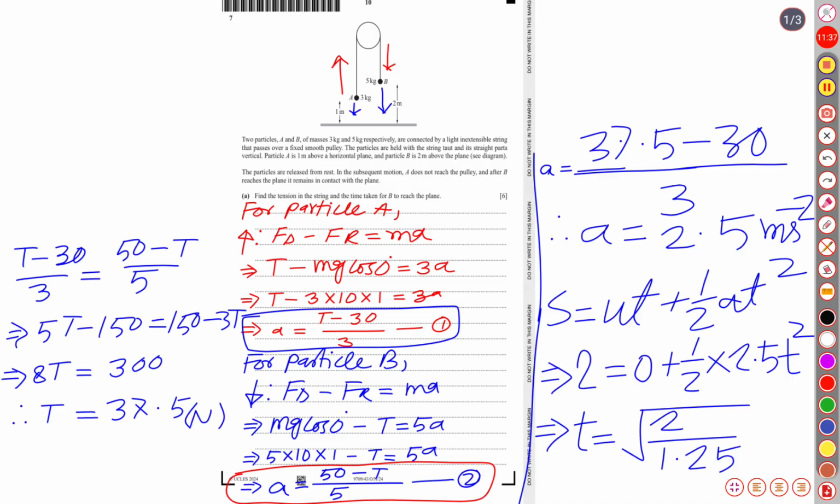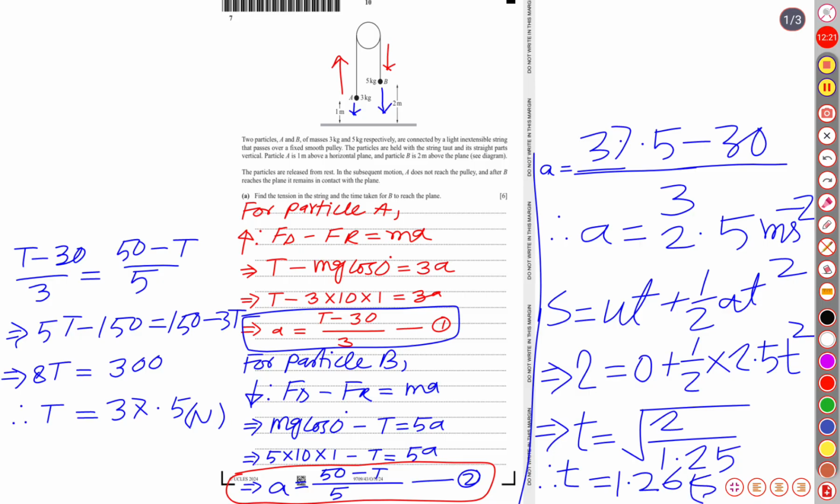So t is equal to the square root of 2 divided by 1.25, which is 1.264. If we round it to three significant figures, it is going to be 1.26 seconds. So that is what we should find as the time.